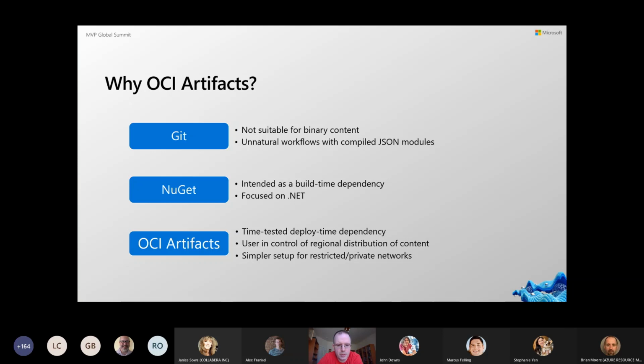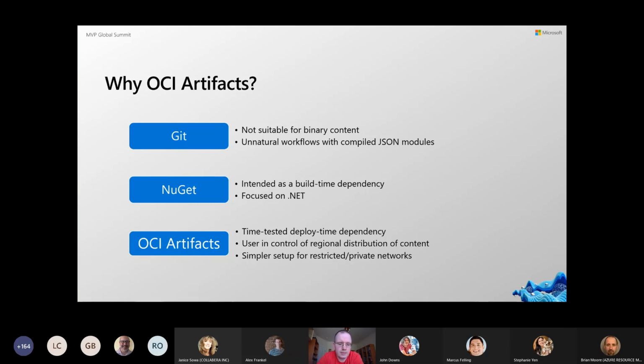And we felt like that was a good thing to have when you're taking a deploy time dependency on something. And OCI artifacts are actually simpler to set up in restricted and private networks if you need to operate that way. With NuGet and Git, you would have to spin up VMs, put either GitHub Enterprise Server or a NuGet server on it, and then set up the networking and maintain all of that, ensure it's patched.